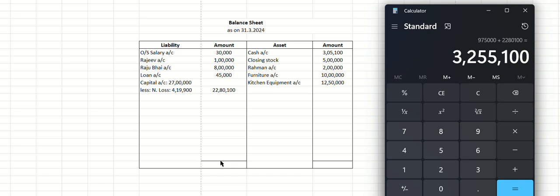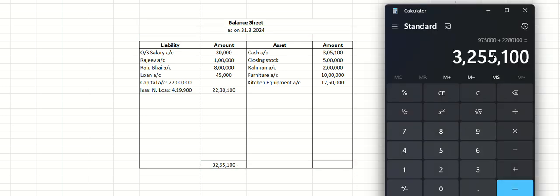We have 32 lakh 55,100. I'm writing it here: 32 lakh 55,100. So the total liability of our business as on 31st March 2024 is 32 lakh 55,100.